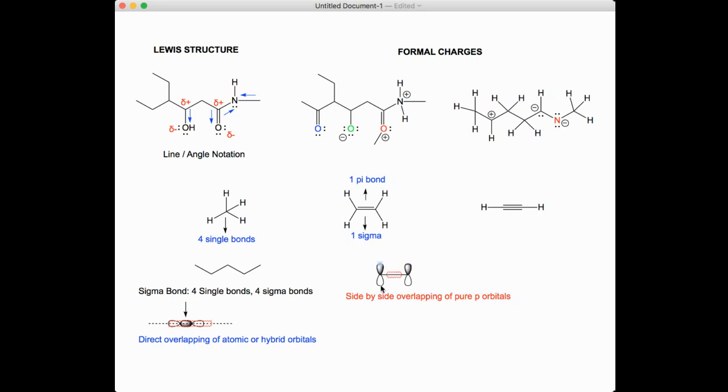Side-by-side, so this is direct overlapping. This is side-by-side overlapping of pure p orbitals. I said here of two orbitals, could be anything. We are going to get into that later, but what I do want to emphasize here is that the pi bond only takes place through pure p orbitals, just p orbitals. No other orbitals can form a pi bond except for the p orbitals.